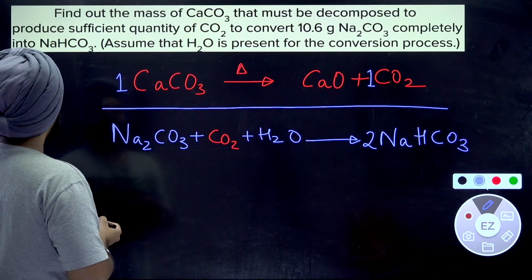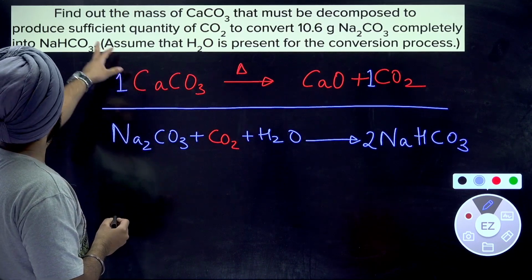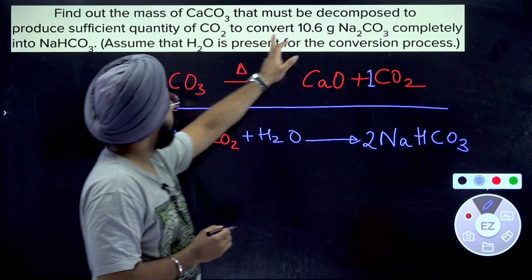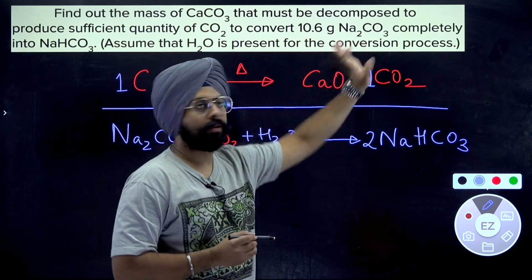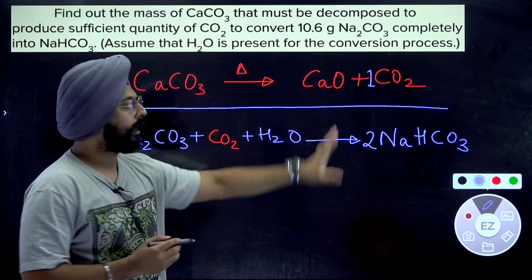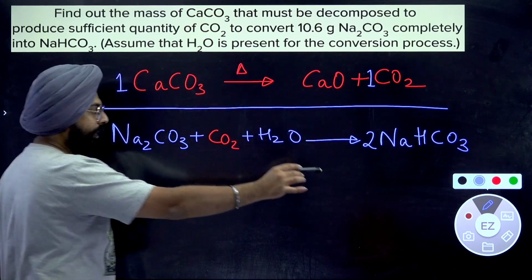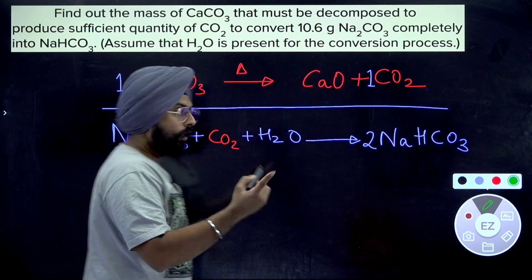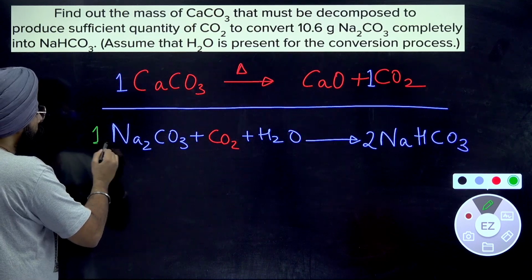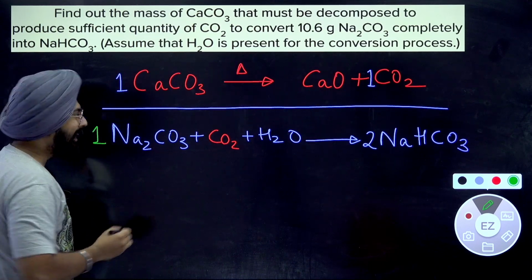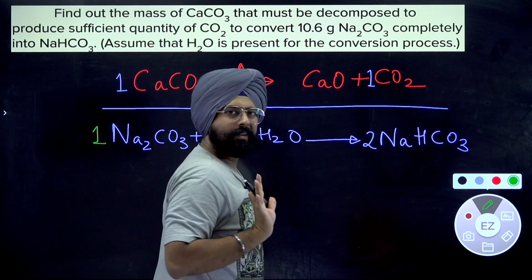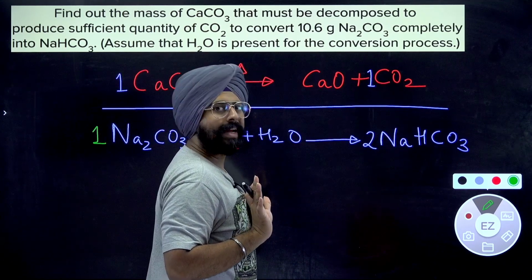Now what is given to us is, basically we need to find out the quantity of CO2 needed to convert 10.6 grams of Na2CO3 into NaHCO3. My dear friends, what we need to focus on is once again the ratio. Over here 1 mole of Na2CO3 needs 1 mole of CO2 to completely turn into sodium bicarbonate.